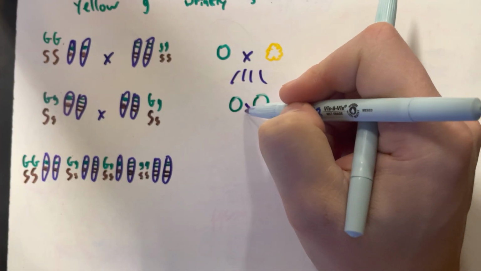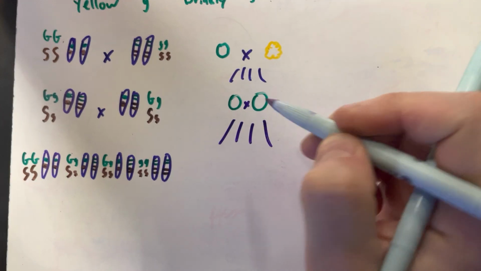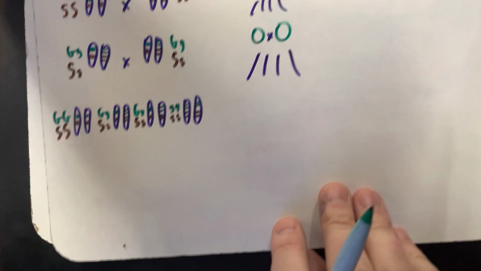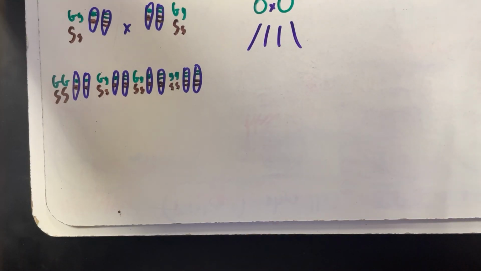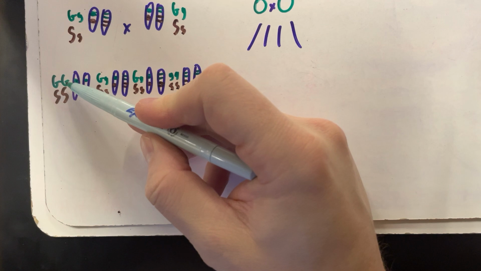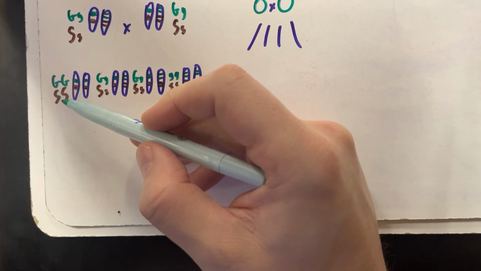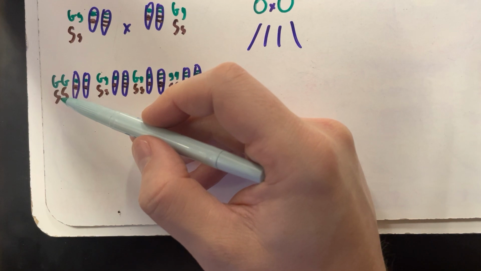Okay, and then we cross those. We cross that F1 generation. We get our 4 options. What are our 4 options? They're all what? Big G, big G. What color is that? Green. What smoothness is it?